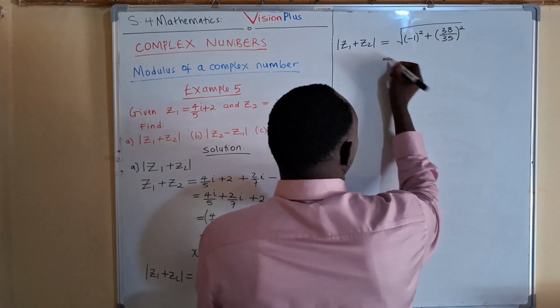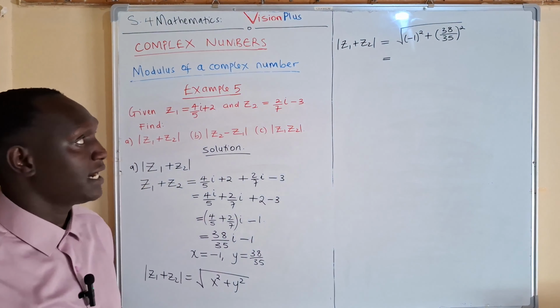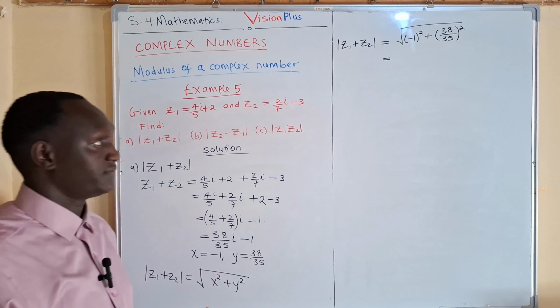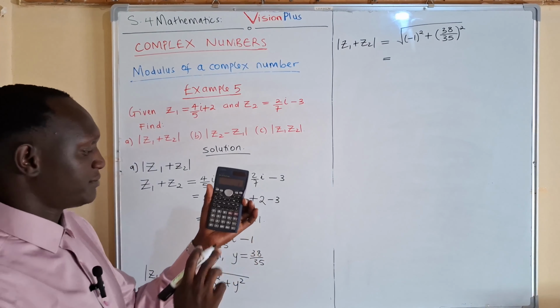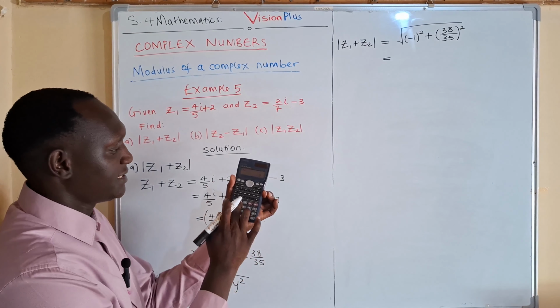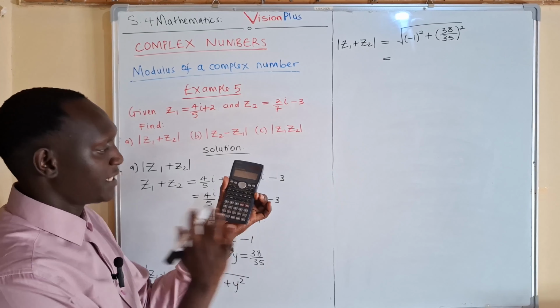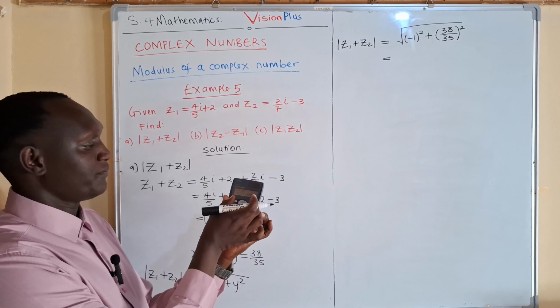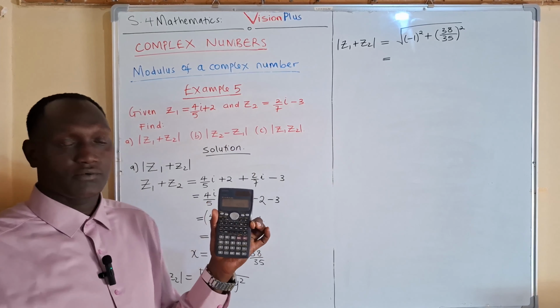Then you proceed. If you look at that number, it is bulky, and do not stress yourself. The calculator is allowed for use in the exam. So to make your steps easier, just say 38 divided by 35 and press equal. That is the decimal representation of 38 over 35.